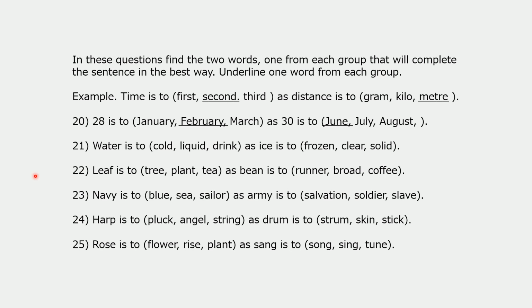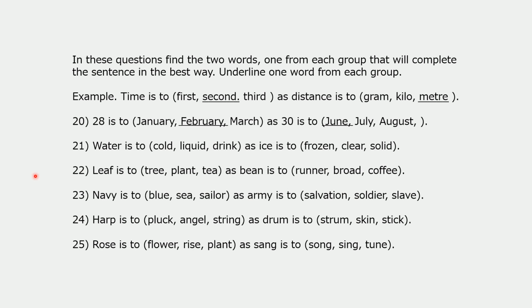21. Water is to either cold, liquid, or drink, as ice is to either frozen, clear, or solid. What we automatically think, or what we automatically should think, is water is.